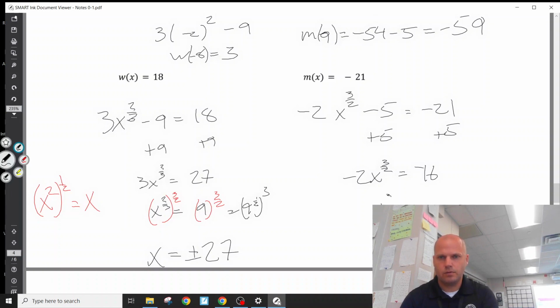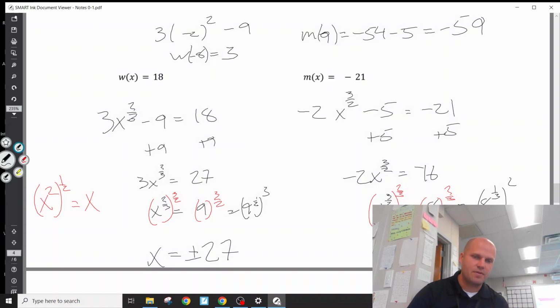Get rid of the -2. To undo the 3/2, you could take both sides to the 2/3 power. 8 to the 2/3 is the same as 8 to the 1/3 squared. Don't need a plus or minus because you're not using an even powered root.